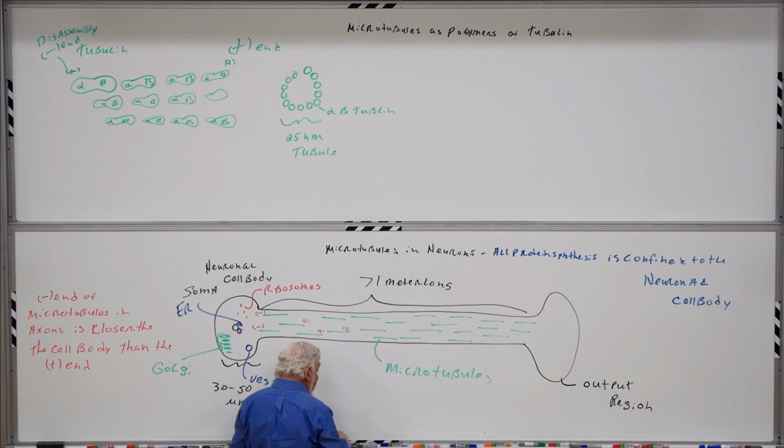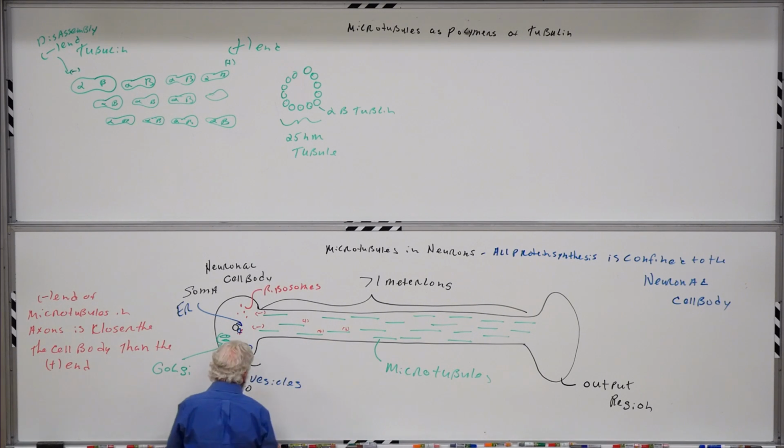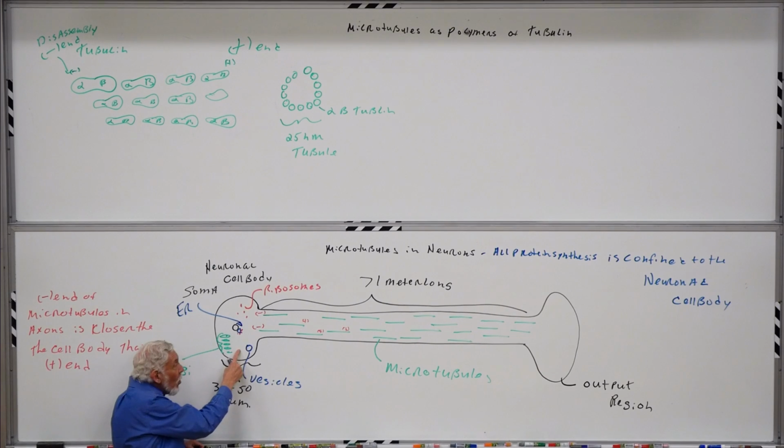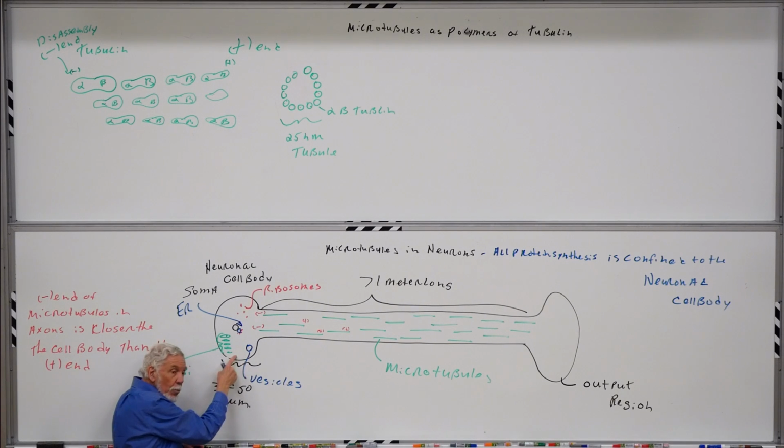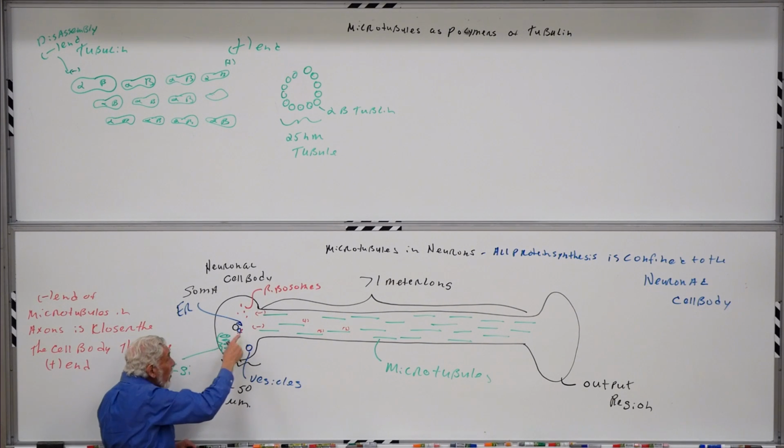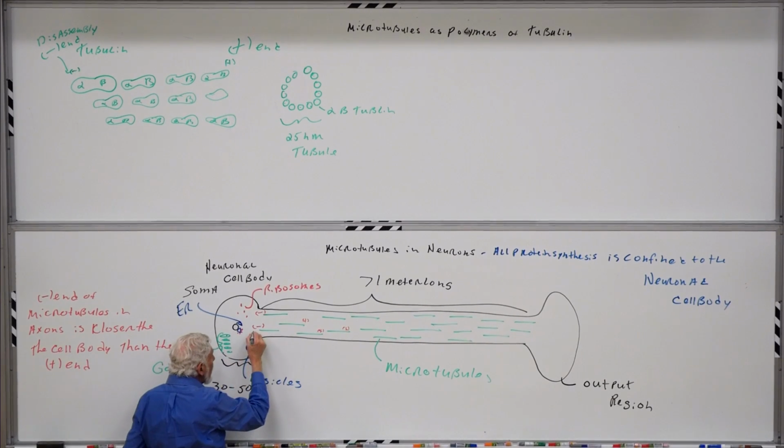Now, the next character in this play is the vesicles that were generated up here from the Golgi apparatus. These are the vesicles, the cargo-carrying containers that contain the proteins that we had produced from the rough endoplasmic reticulum and through the Golgi stacks. So now we have all these vesicles.